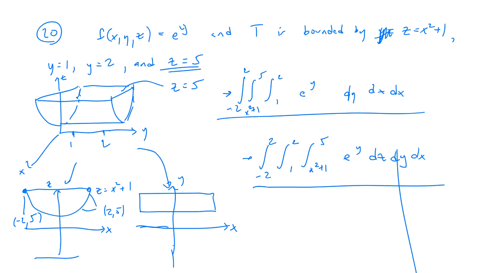I usually do it where the projection is the easiest to see. Here, either of these is pretty easy for me. Starting with dy or dz are both pretty easy. Projection into yz is also pretty easy. It's also a rectangle, but the functions we get are a little more complicated because we're going to get square roots. So in theory, any order is okay.